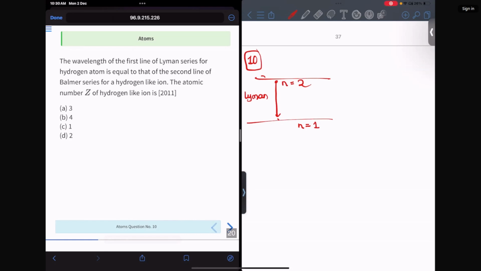The wavelength when the electron is transitioning from n equal to 2 to n equal to 1 is equal to that of the second line of the Balmer series of the hydrogen atom.